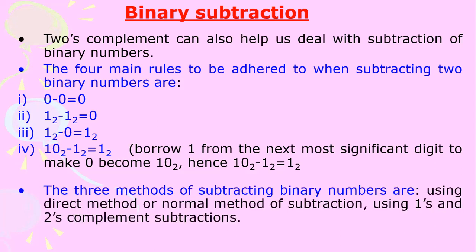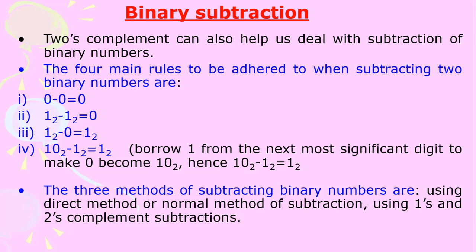So the three main methods of subtracting binary numbers are: 1, using direct method or normal method of subtraction, or using 1's complement, or using 2's complement.